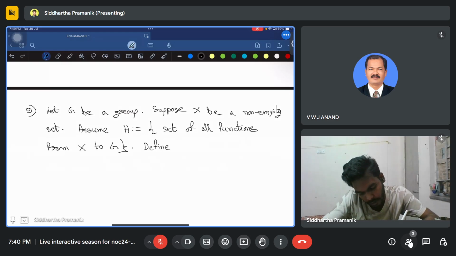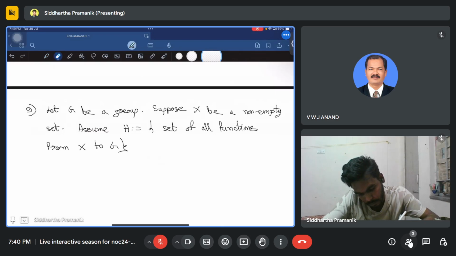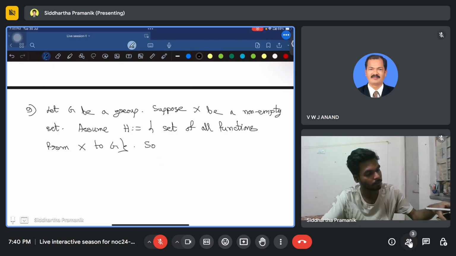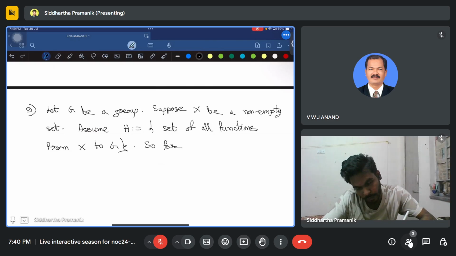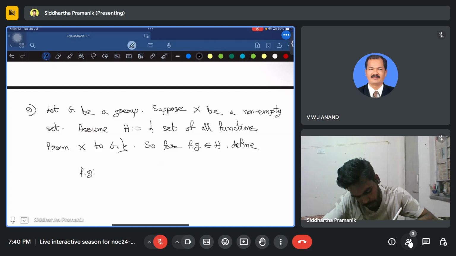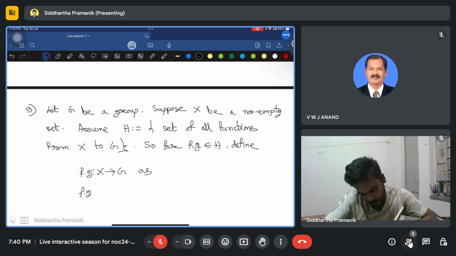So for f, g, two functions in H, define the product function as f dot g evaluated at small a as f of a times g of a.